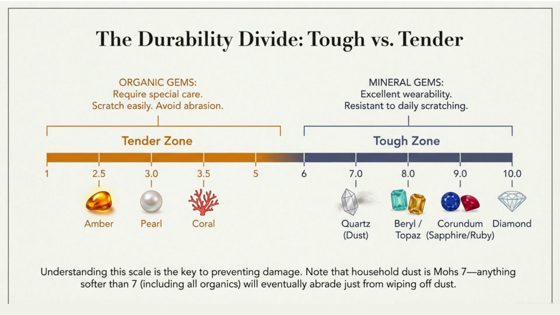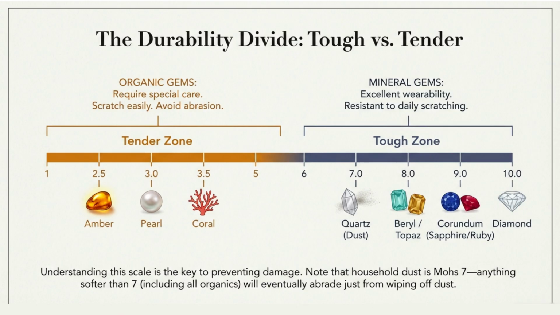These values are all well below 5 on the Mohs scale, meaning they scratch very easily. They are not suitable for rough wear, everyday rings, or abrasive environments. Key message: organic gems require special care. No rough cleaning, no harsh cloths, no aggressive jewelry boxes.